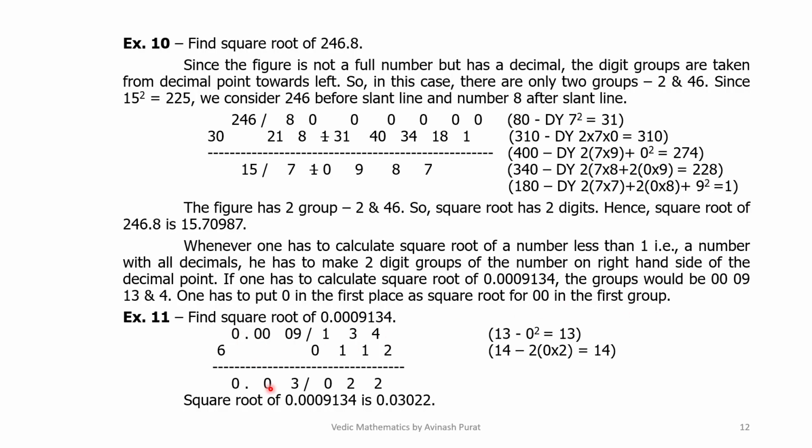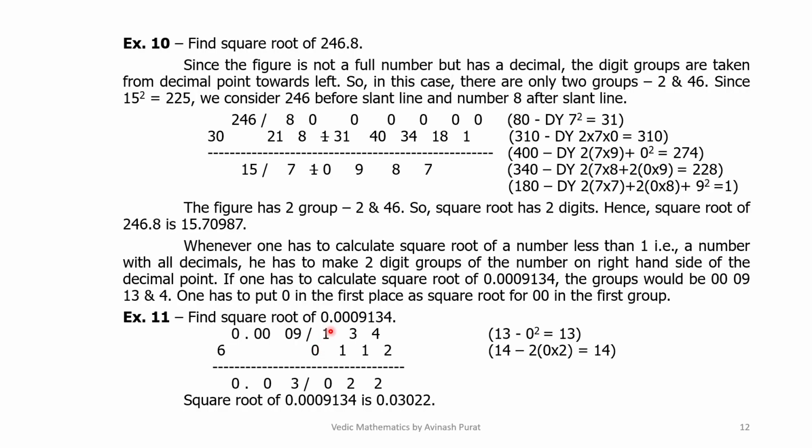So 0 is the first digit, then 09 is next group, maximum square is 3 only, and square is 09, and square root is 3. So 3 multiplied by 2 is 6, the divisor, and 9 minus 9 is 0, that is taken as remainder.